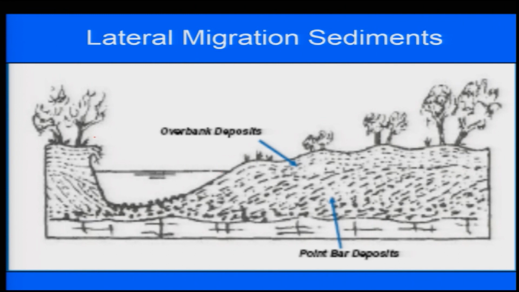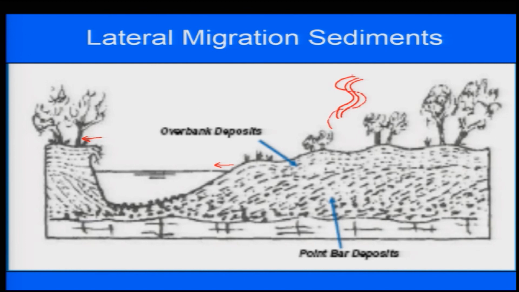Since it has the capability of eroding here, this will keep moving laterally in this direction, and this portion will also keep moving laterally in this direction along the channel. For example, you have the first channel which was flowing here. In the next phase it will possibly move further to this side.